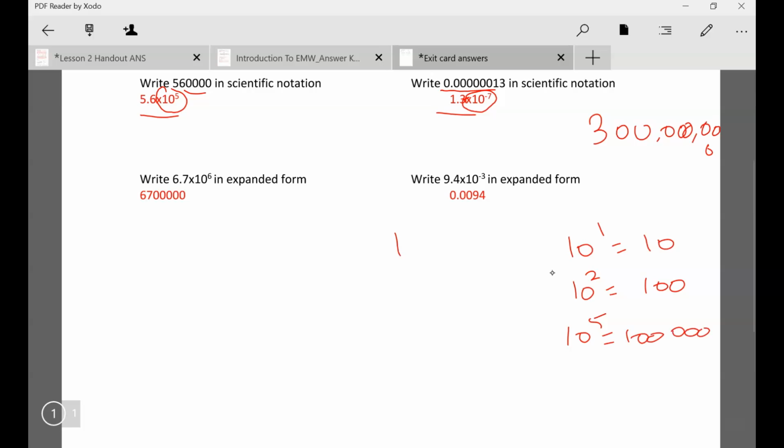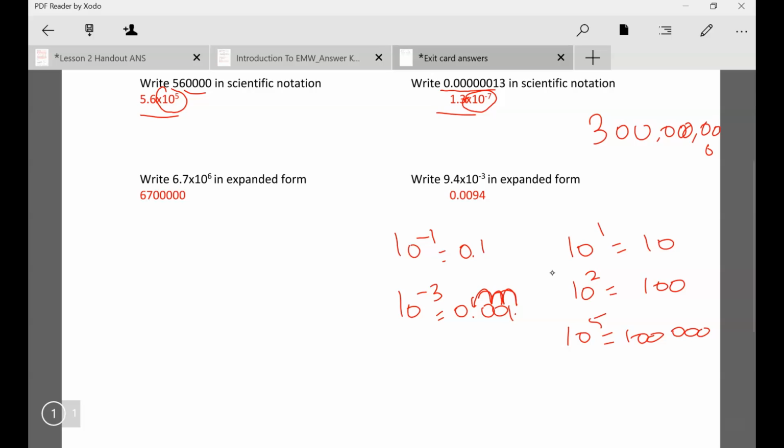We also know that 10 to the power of negative 1 is 0.1, and 10 to the power of negative 3 is 0.001, because we move 1, 2, 3 decimal places backwards. That's 10 to the power of negative 3, and so on.